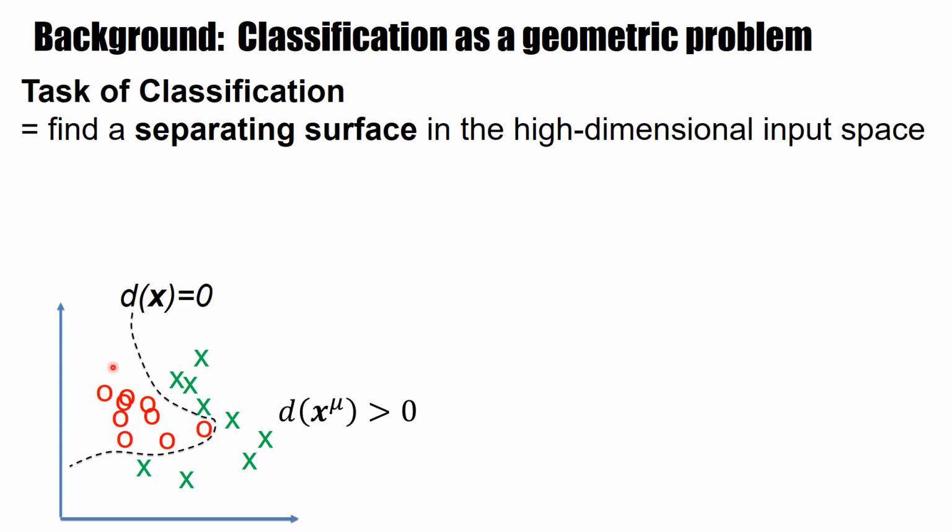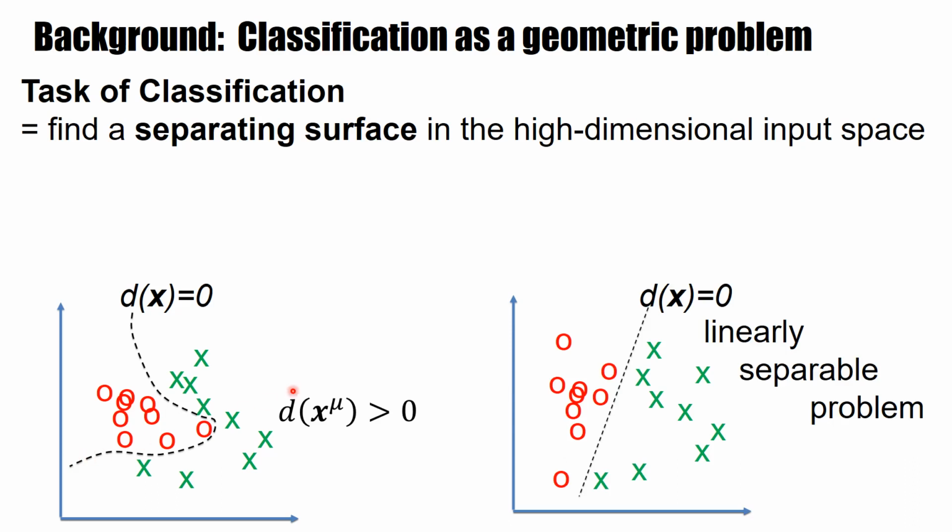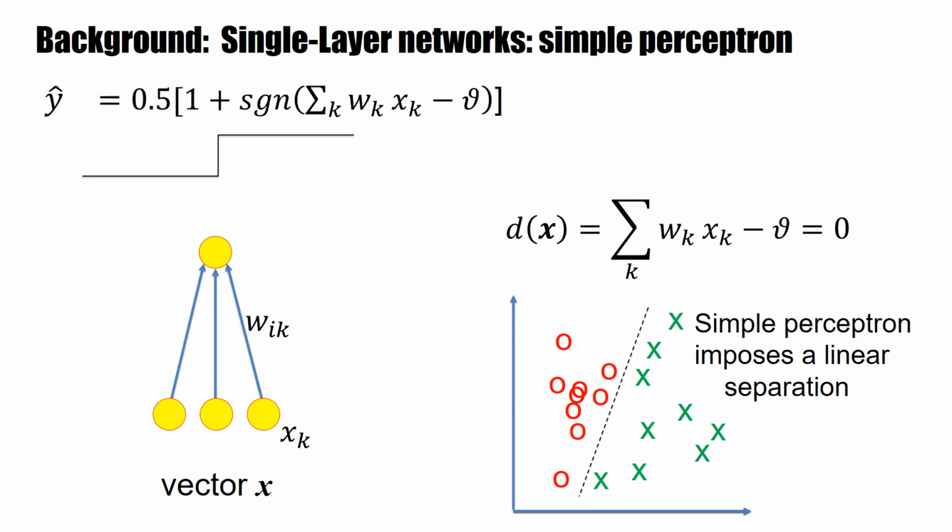Now, there are particularly simple problems which are linearly separable. Linearly separable means that I can put in a hyperplane that separates the positive examples from the negative ones. A neural network consisting of a single output neuron that's directly connected to the input is called a simple perceptron.